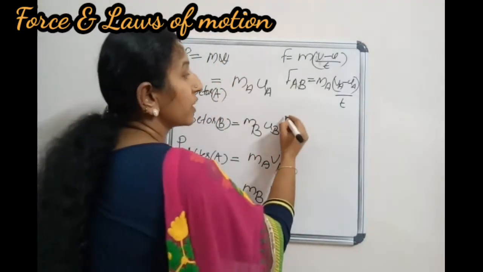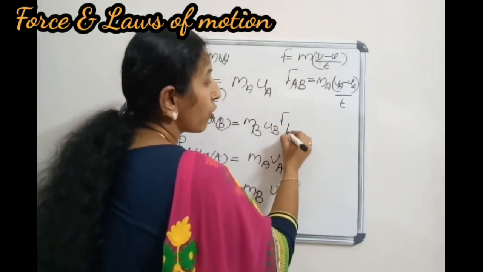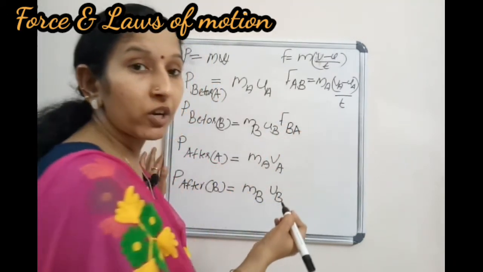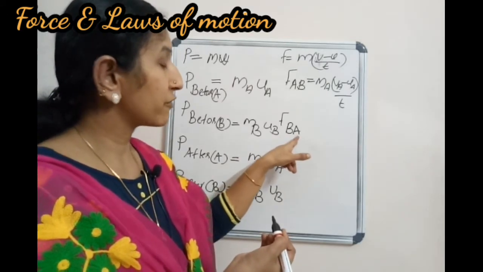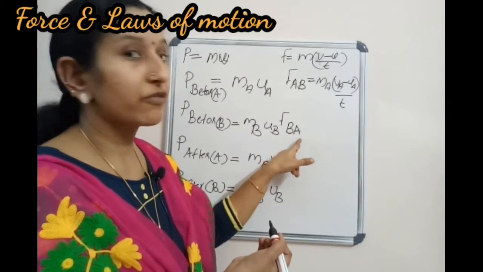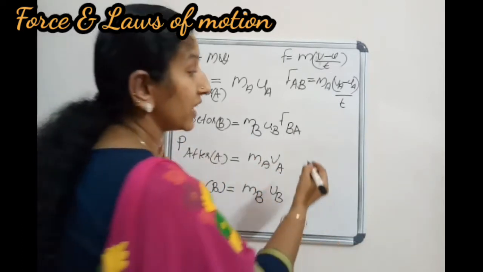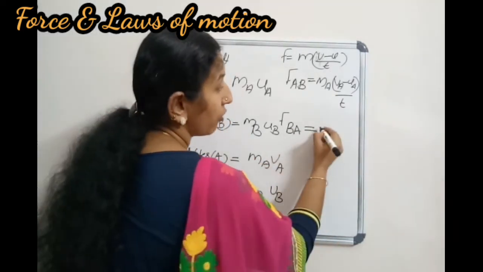Rate of change of momentum of ball B means ball B exerts force on A. Ball B exerts force on A. So there you have to write the equation for ball B. How?